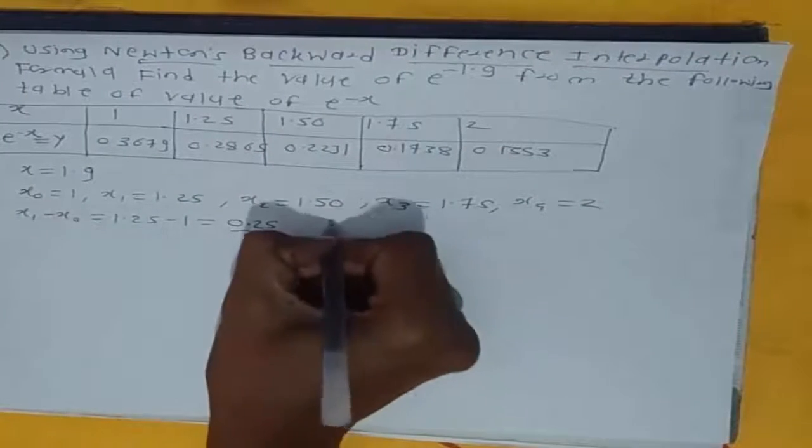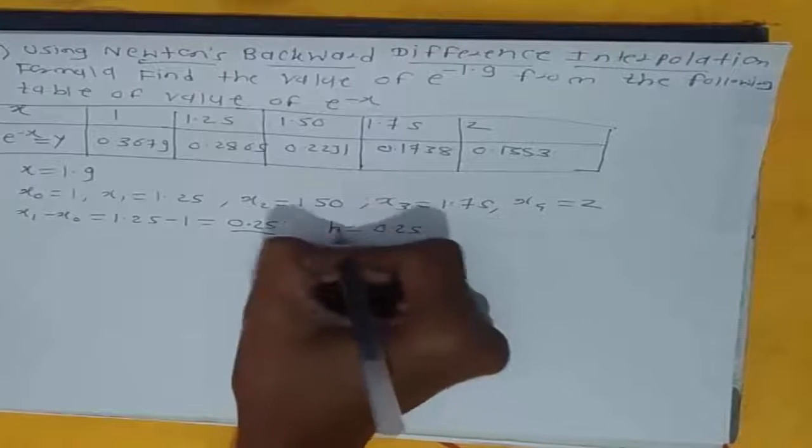So these values are equally spaced by the difference h, and h is equal to 0.25.